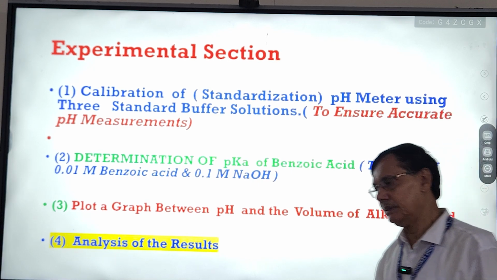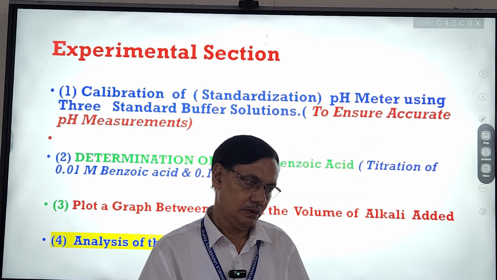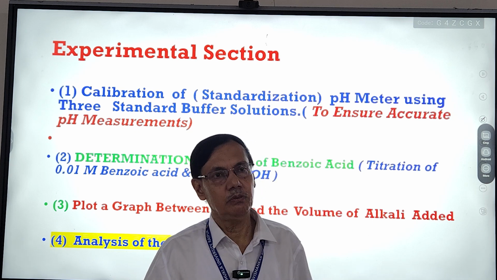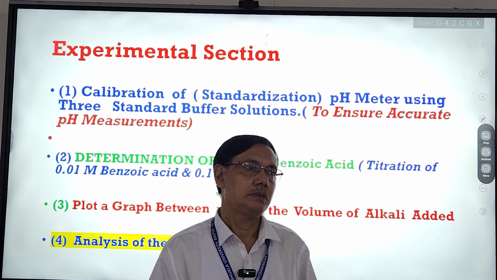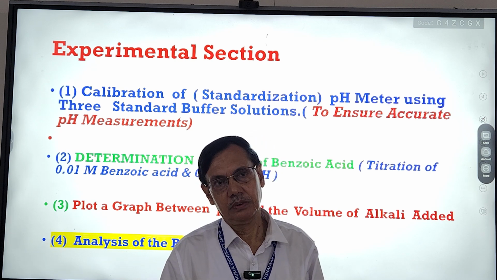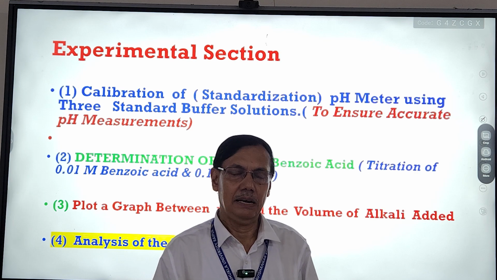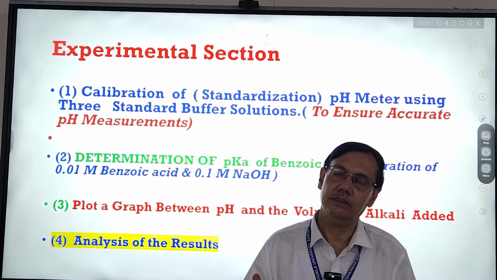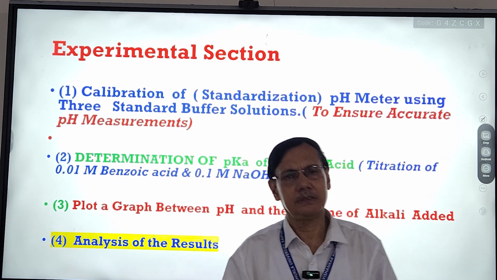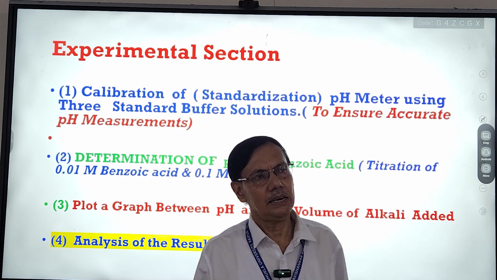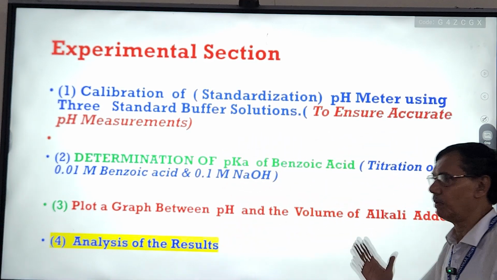But I also suggest, because if you are not expert in weighing and other things, you can take a saturated solution of potassium hydrogen tartrate, and at 25 degrees centigrade the pH of that solution is, I think, 3.56. So that is also a very simple solution to calibrate the pH meter. So that is the first part.